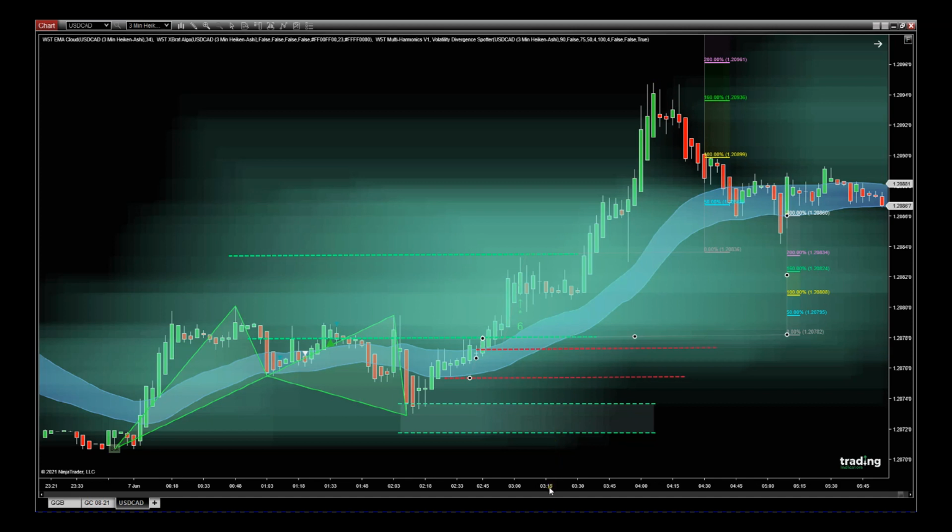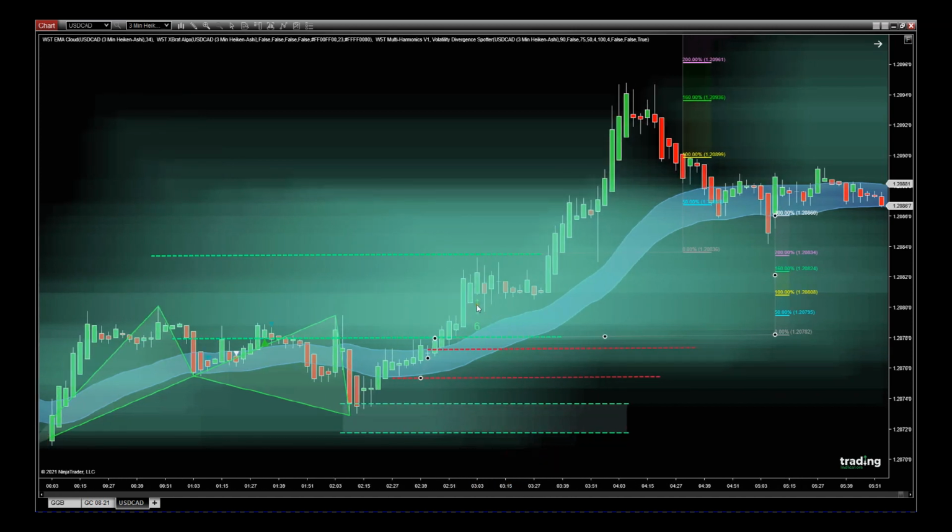Now the next signal that comes along is this xBratAlgo 6-star buy just here. So if we've missed this harmonic signal and we've missed the entry, or we want to be even more conservative, so we've got a harmonic signal, but then we want to wait, I want an xBrat signal.